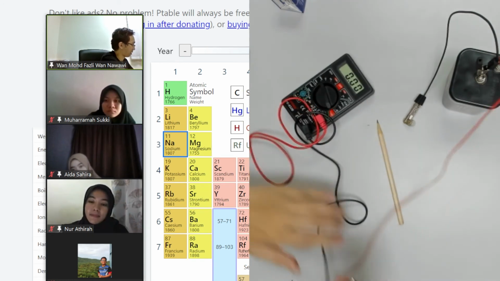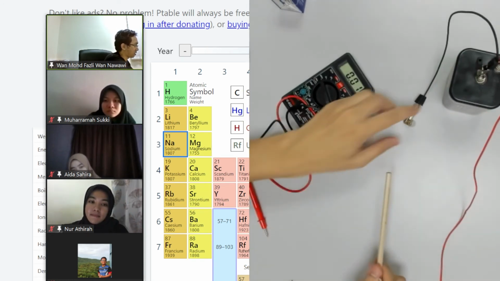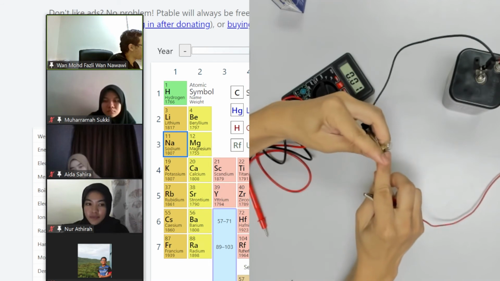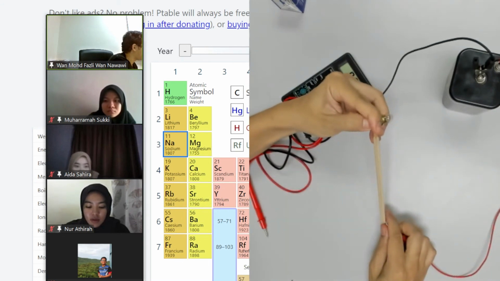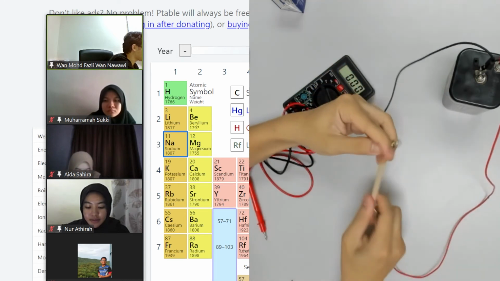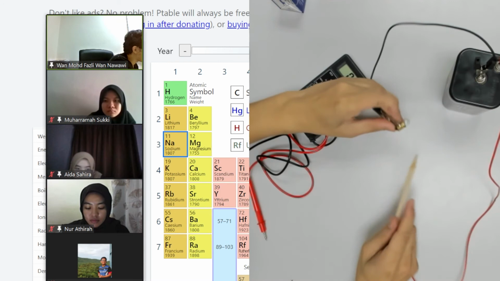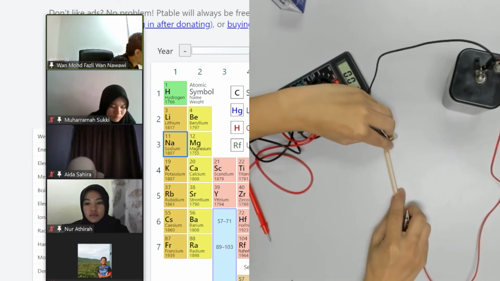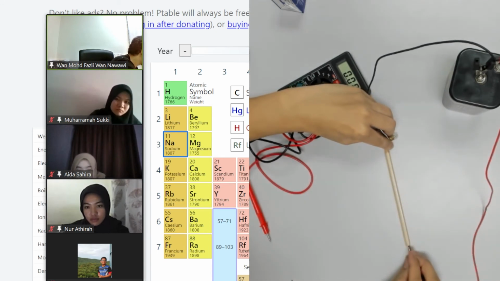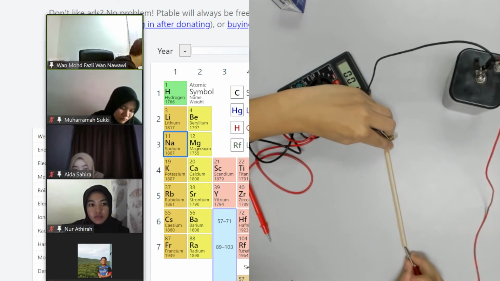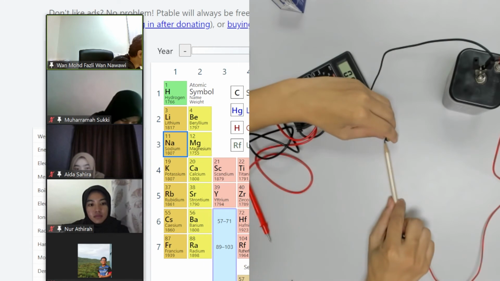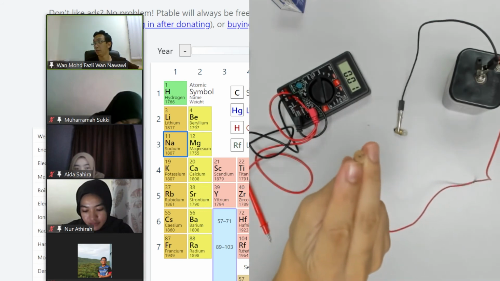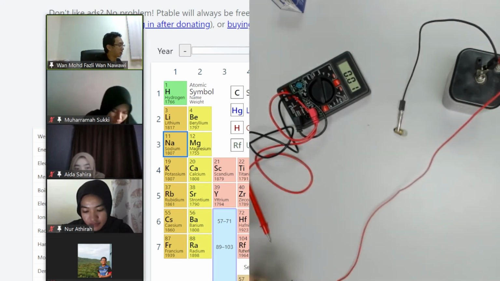Opening this is difficult, there are too many wires. Doing it like this is easier. Conduct. Like what I'm doing. It's difficult at the back, but I can conduct. Because it's not really easy to reach this carbon. But if I can reach it, you can see it conducts electricity.